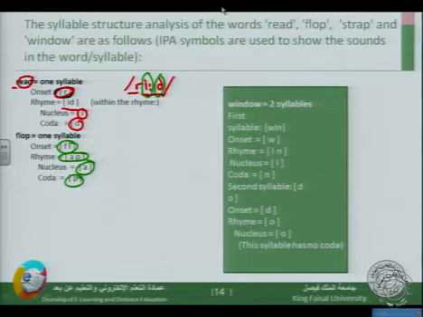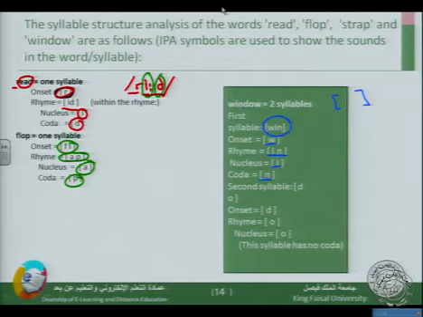Also the word window. It has two syllables. The first syllable is win. Notice it is placed between two brackets to give a description, not a transcription. It describes. The onset is W, and in the rhyme, I is the nucleus and N is the coda.